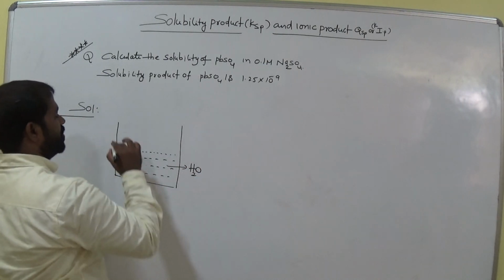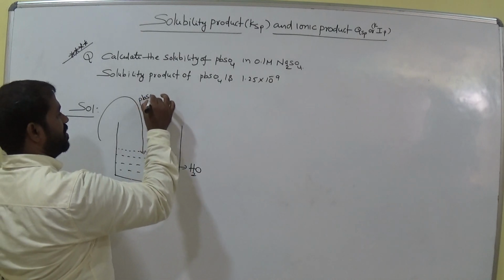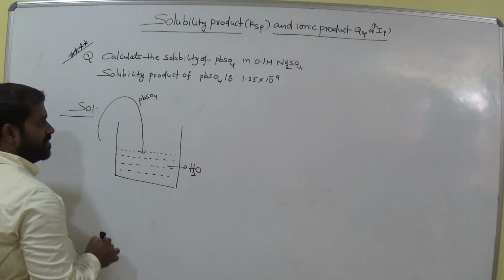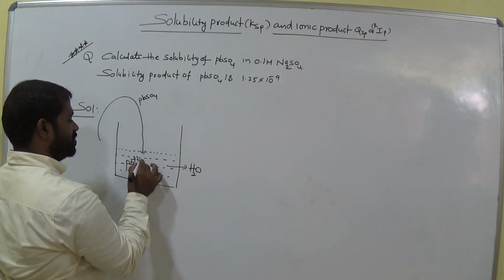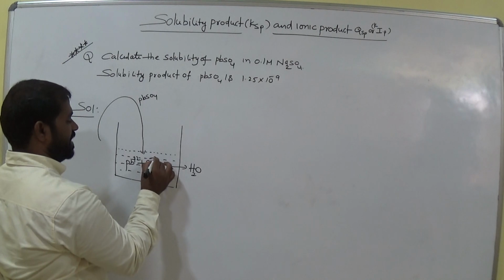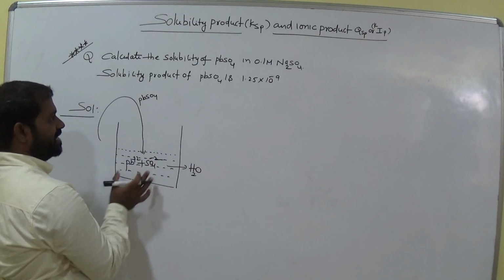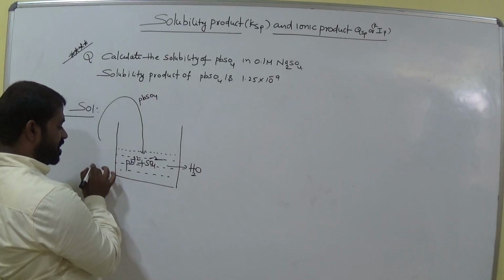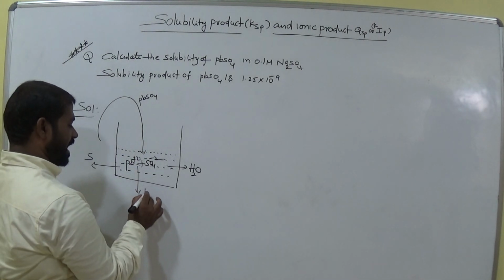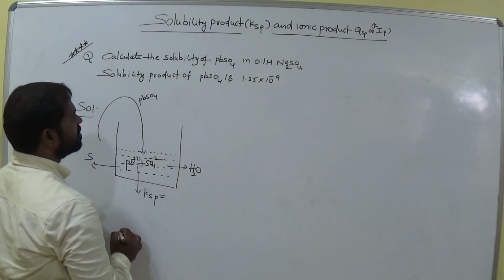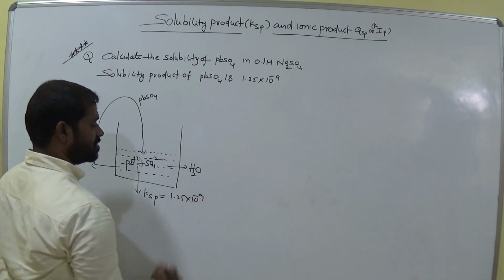We dissolved the sparingly soluble lead sulfate first of all. Now how is it ionized? As Pb plus 2 and SO4 minus 2. Clear? It is sparingly soluble. Its solubility is S and its solubility product Ksp is given. How much is it? 1.25 into 10 power minus 9.